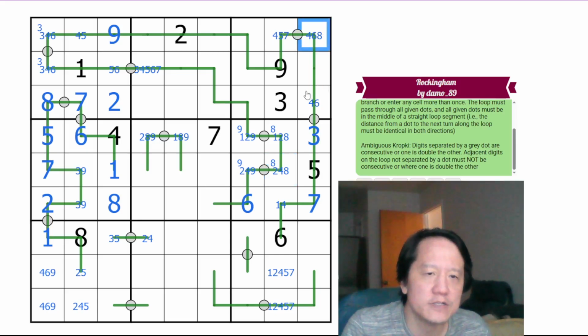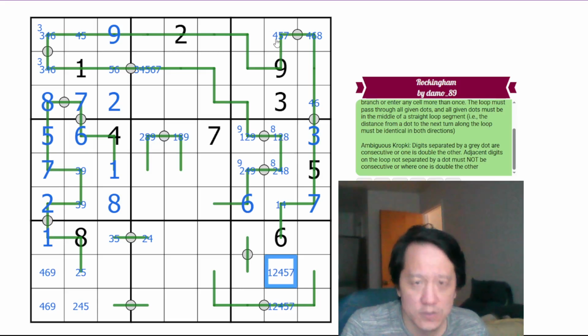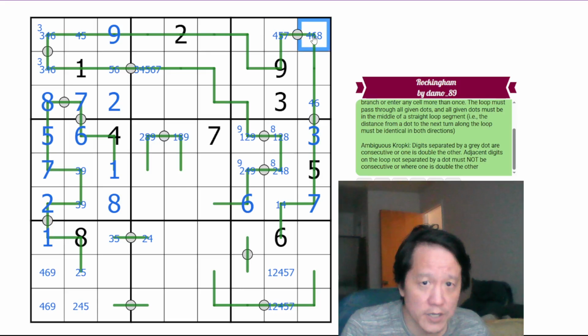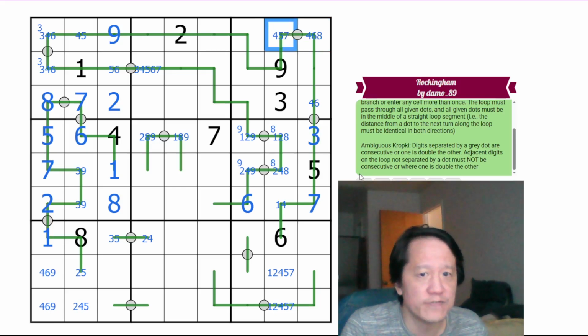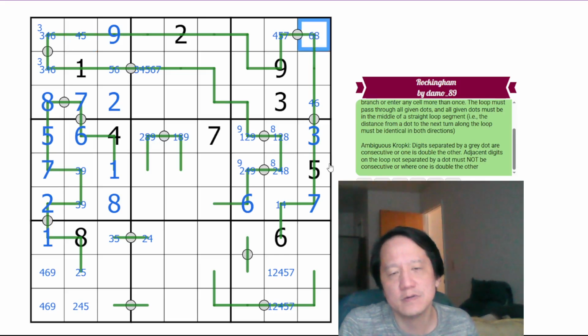4 and 8 is possible. 5 and 6 is possible. So you cannot have a 4 here. That would force this to be 5, and that would eliminate all possibilities for that cell.